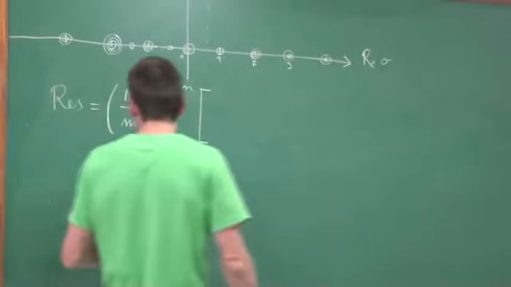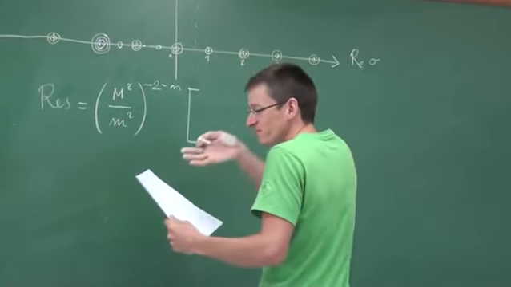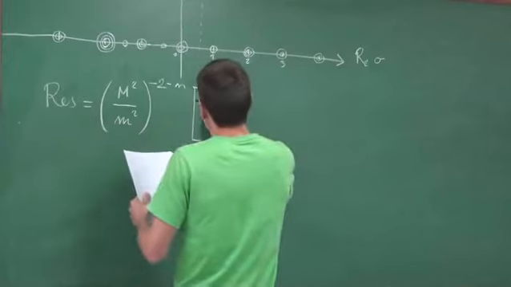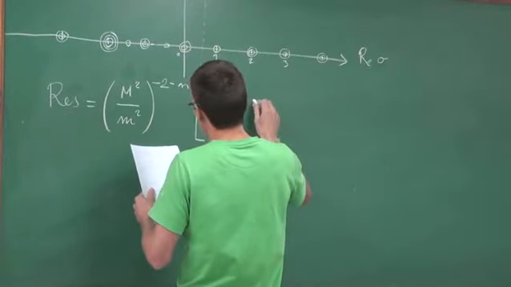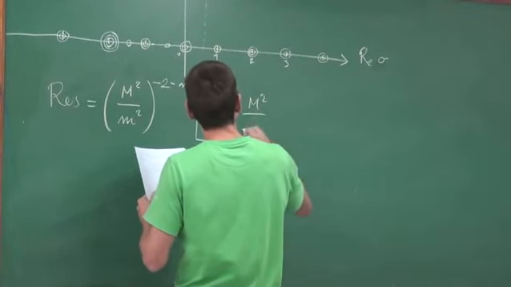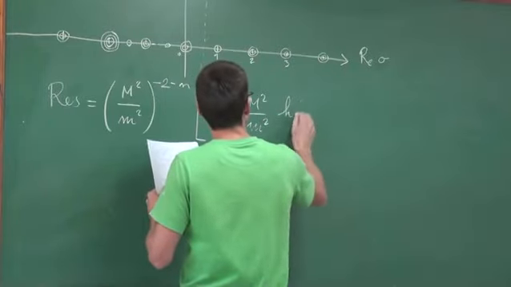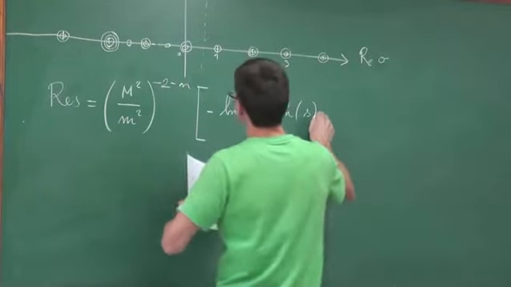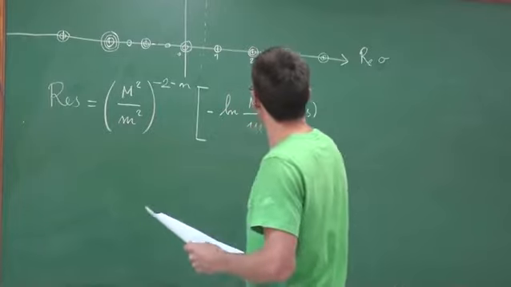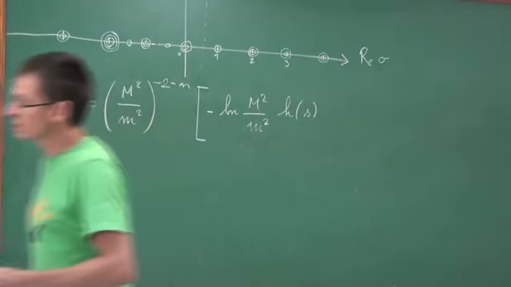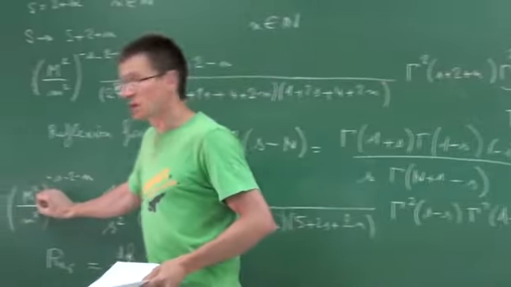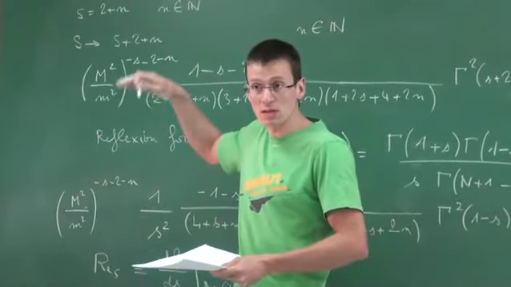The expression we obtain is a bit complicated, and we get the logarithm of the mass times h_s. The logarithm comes from the derivative of this, because this is the exponential of minus s log.